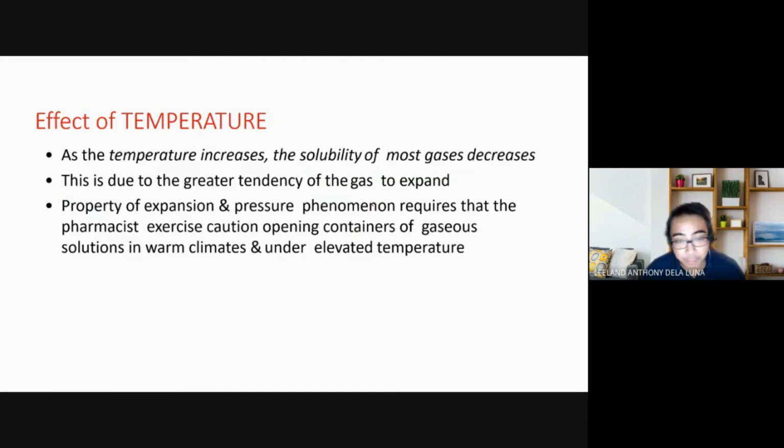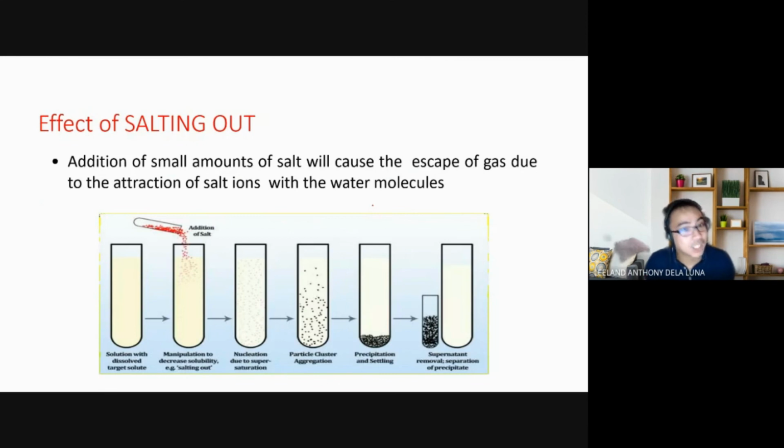This property of expansion and pressure requires that the pharmacist exercise caution when opening containers of gaseous solutions in warm climates and under elevated temperatures. For example, a Coke that has been shaken: release the pressure gently, open it slowly, so it won't explode in your face.